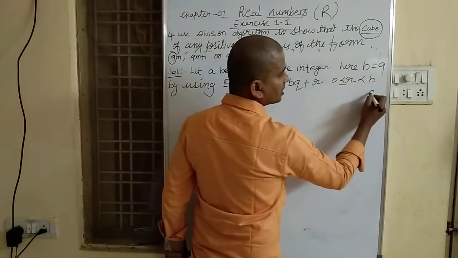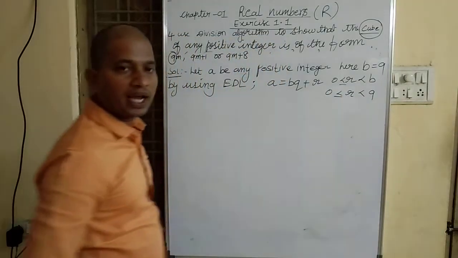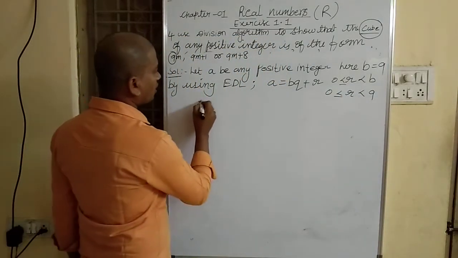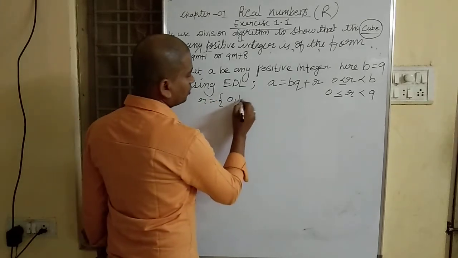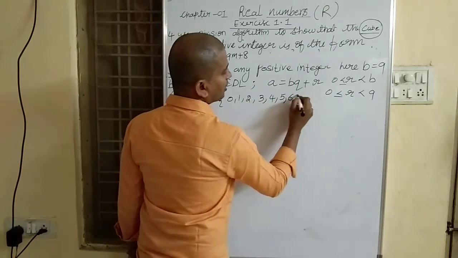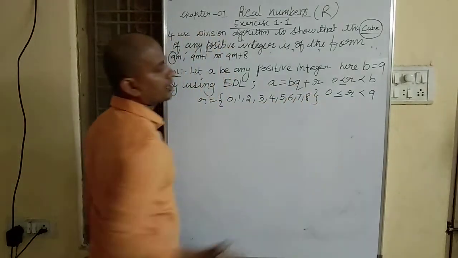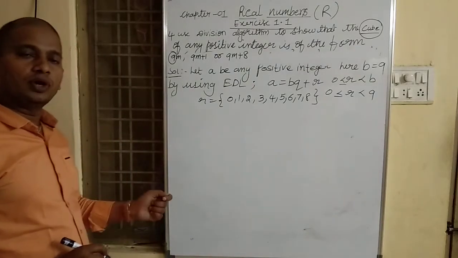So the value of b is 9, and r lies between 0 and 9. So what are the values of r? r takes the values less than 9: 0, 1, 2, 3, 4, 5, 6, 7 and 8.